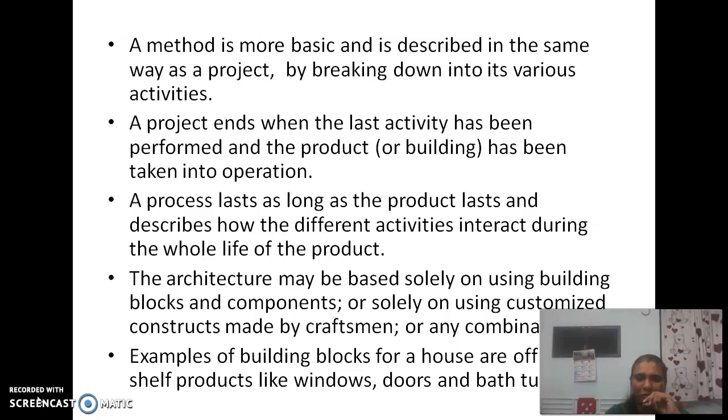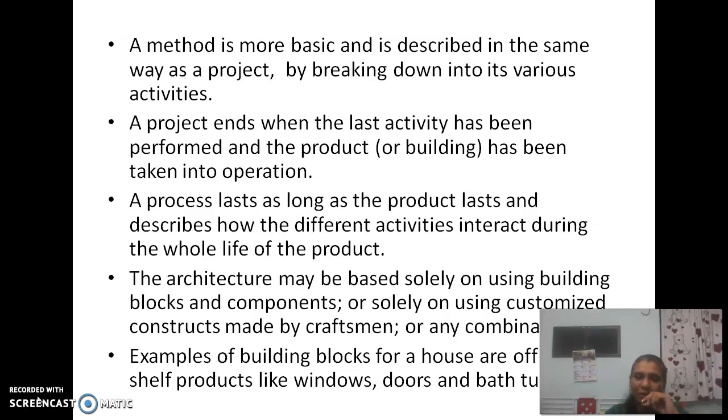So whatever we want, we can just go ahead designing that. So that is what we call a customized construct. Whereas in off-the-shelf components, we use the off-the-shelf components or building blocks to make up one thing or the other.